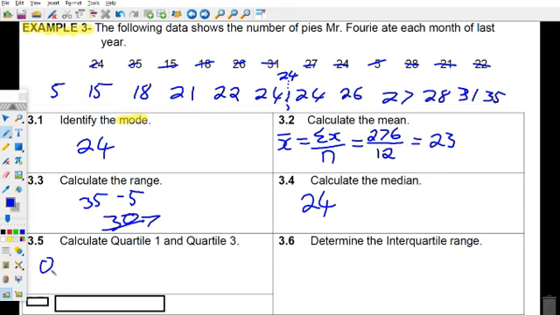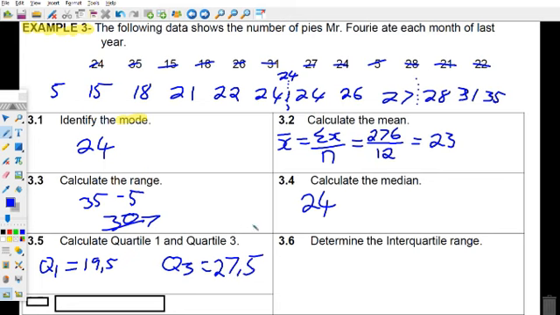So Q1, 21 plus 18, divide by 2. Okay, so then to find my Q3 value, quartile 3, here it is over here, 27.5, because we find it in between 27 and 28. So it'd be 27.5.